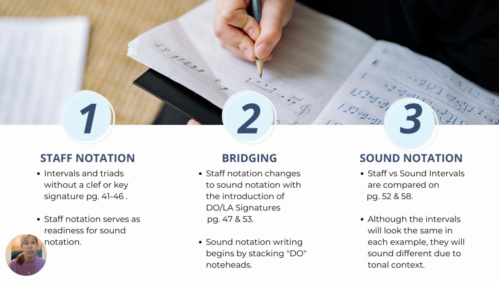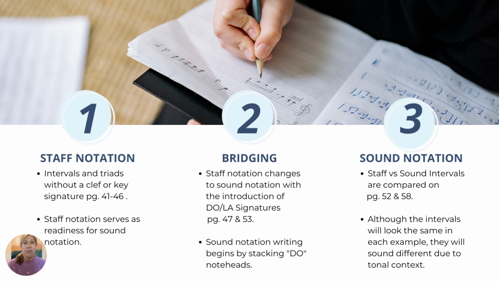And the first sound notation a student writes down is when they begin to stack those note heads that show the resting tone, do or la. And those are shown at the bottom of those pages, 47 and 53, those stacks of do.